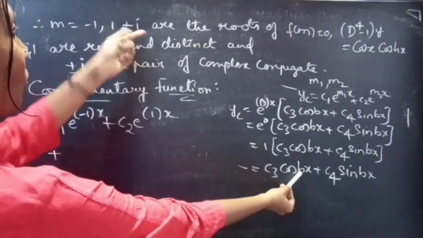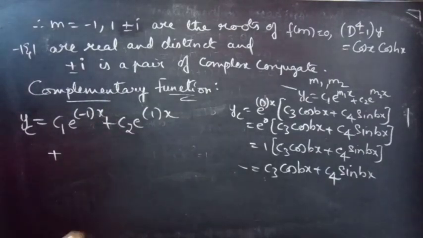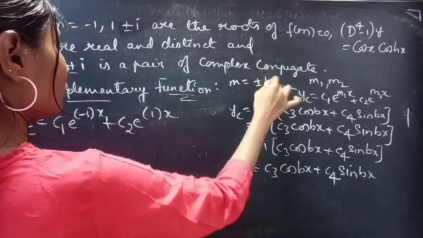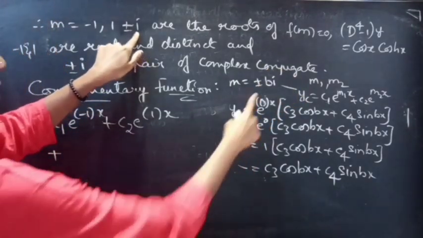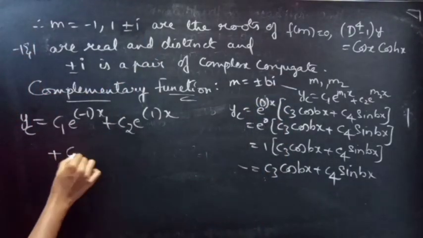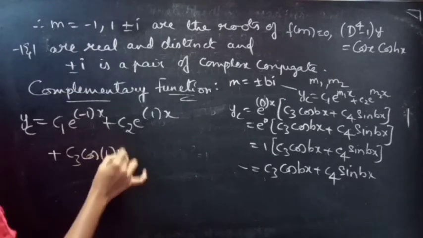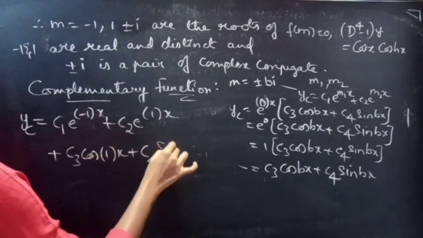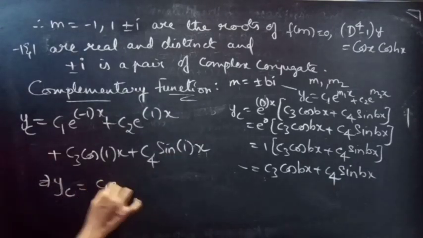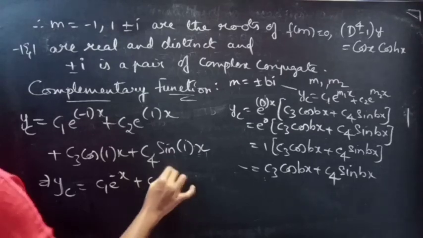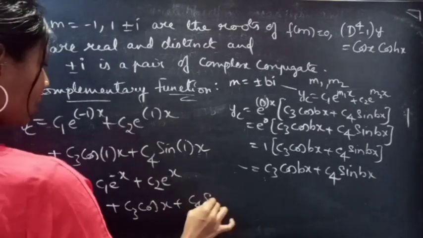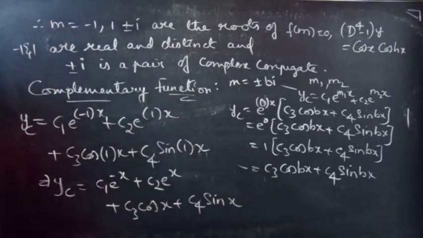For b equals 1, just compare plus or minus i with plus or minus bi. Then for b equals 1, we'll get c3 cos 1 into x plus c4 sin 1 into x. Then yc becomes c1 e power minus x plus c2 e power x plus c3 cos x plus c4 sin x. So we got the complementary function now.